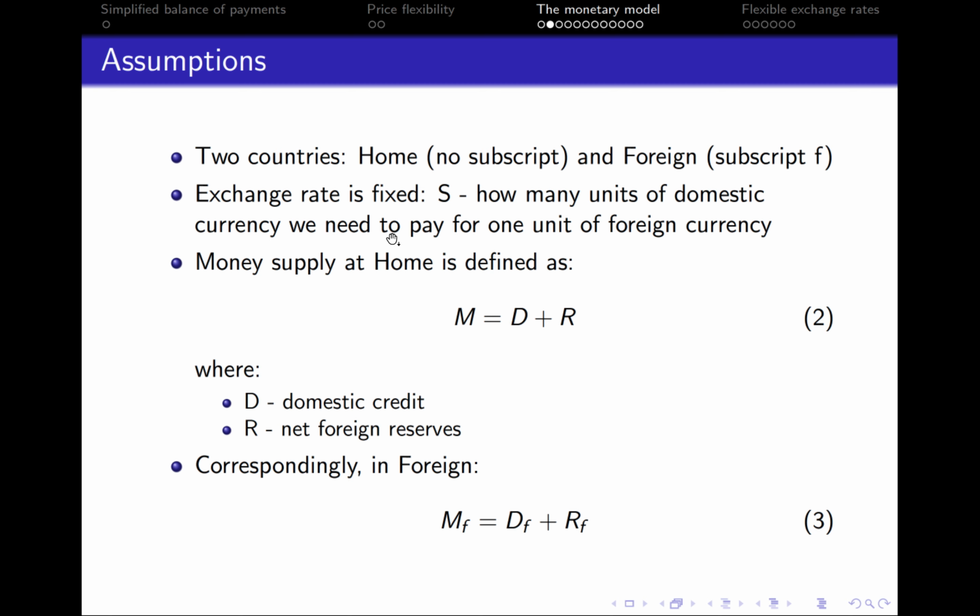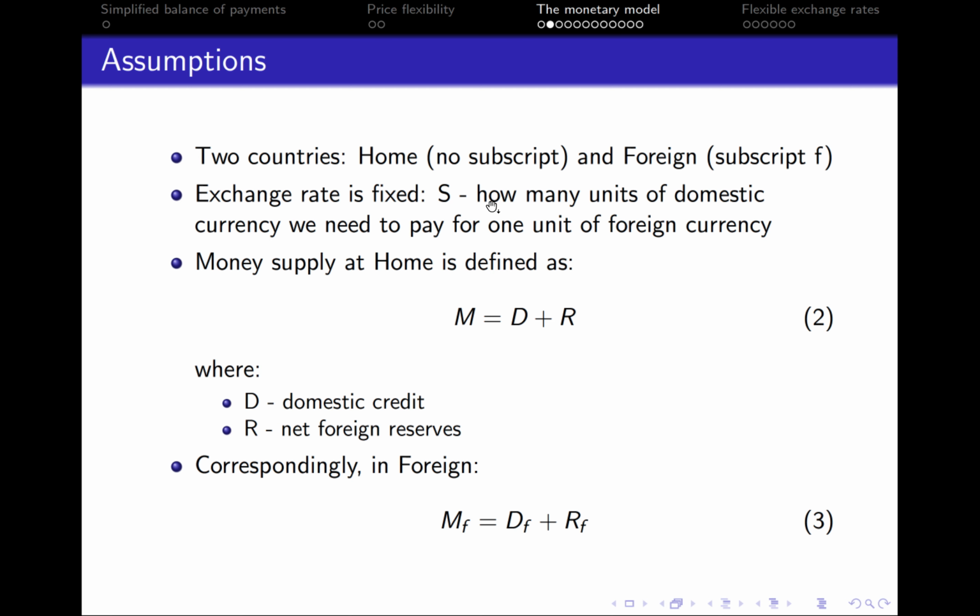Now, as I already mentioned, we are having fixed exchange rates. We will denote it as S, spot as usual, and this is the price of foreign currency in terms of our currency. So how many units of domestic currency do we need to pay for 1 unit of foreign currency?